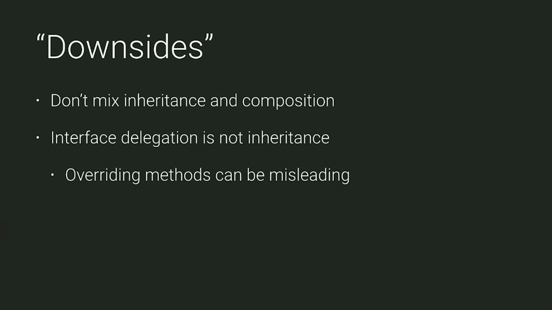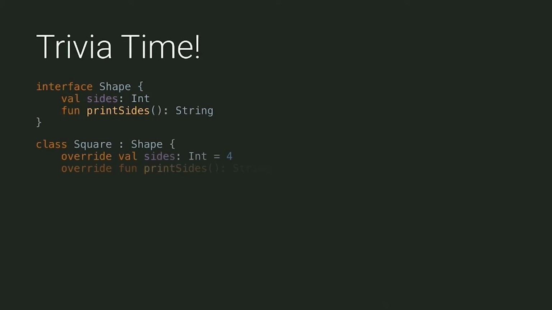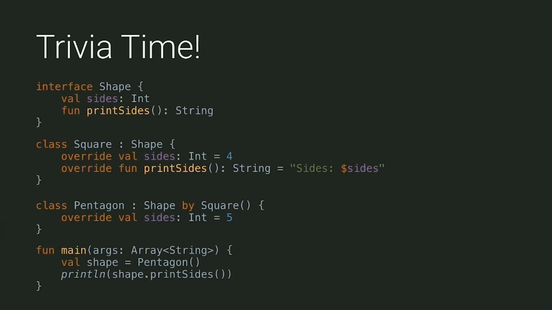This means that the actual body of the method stays in a separate sub-object that is included in our main object. Because of that, if we go back to our example, the Square object that we are using to delegate the Shape implementation doesn't know about the Pentagon object.